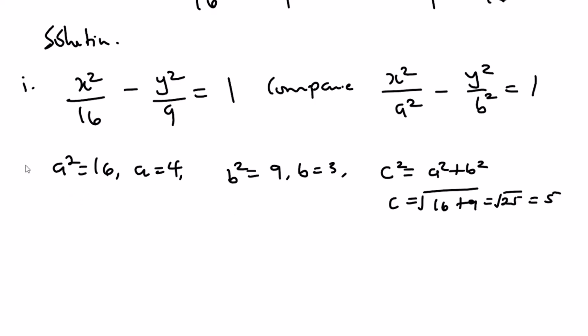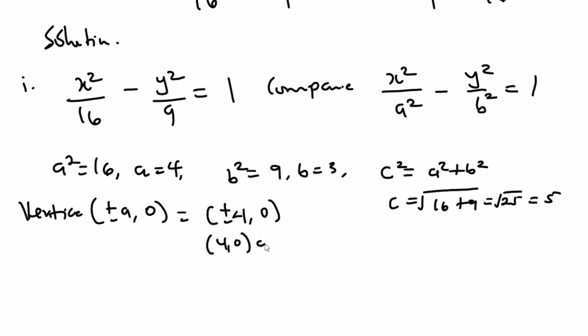Now the vertex, when it's on the x-axis, we have plus or minus a, 0. So this is going to be plus or minus 4, 0. This is the same as (4, 0) and (negative 4, 0).